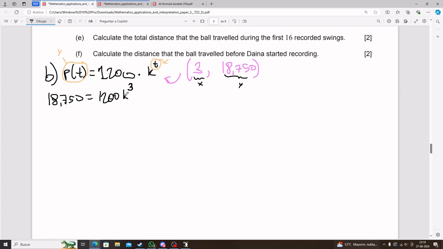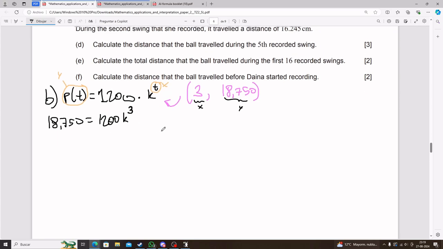So in order to get k alone, there are two main things that are annoying you. The first thing is the 1,200, and the second thing is the exponent to the power of 3. For now, we're going to deal with the exponent last because no one likes exponents.